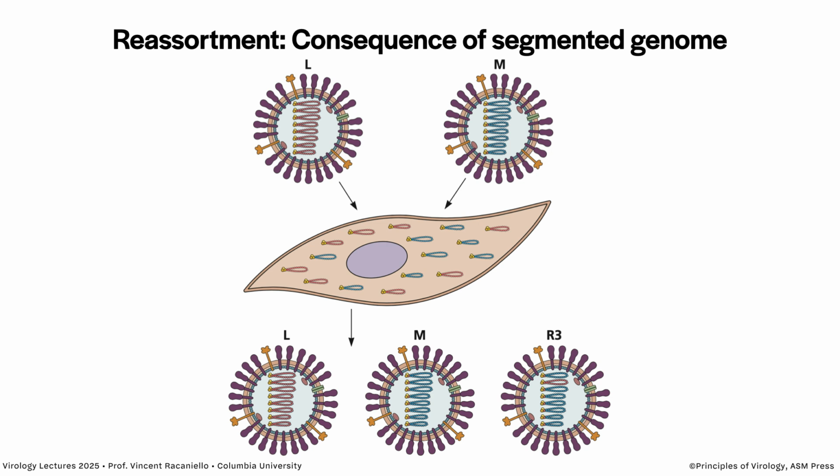And so the new viruses that are produced can have a mixture of segments. That's called reassortment. So you can see this virus here on the right has 1 red out of the 8 RNA segments. This is very powerful for genetic diversity and is why pandemic influenza viruses are generated.